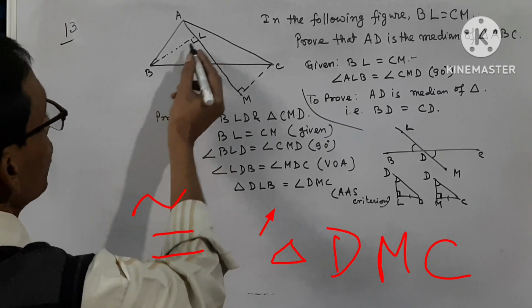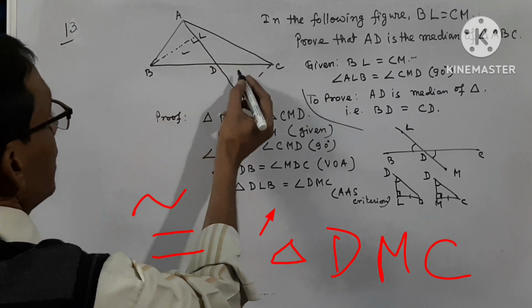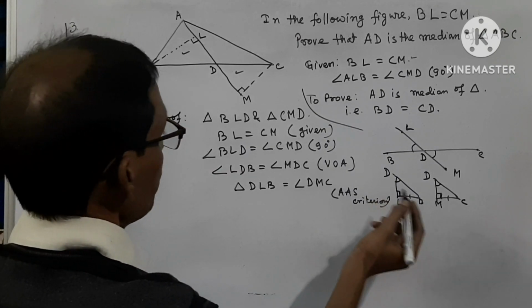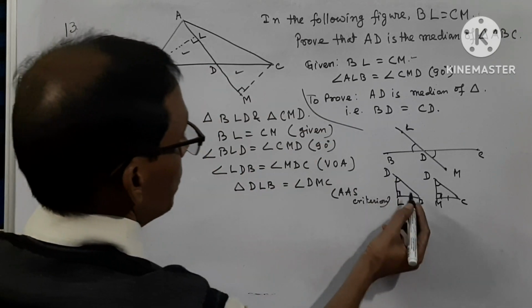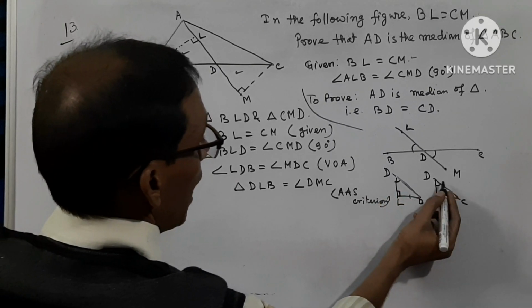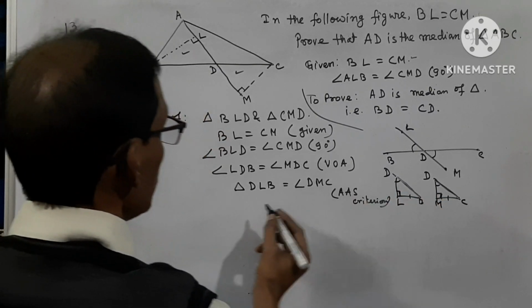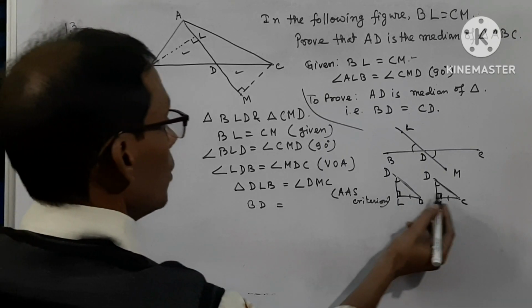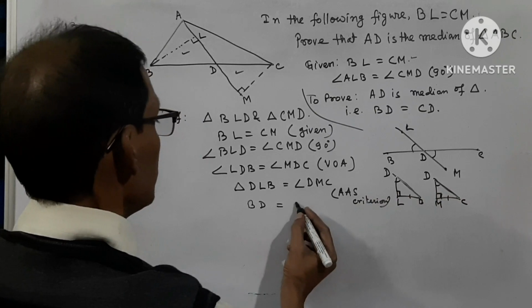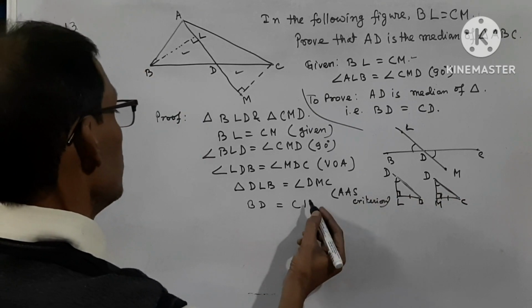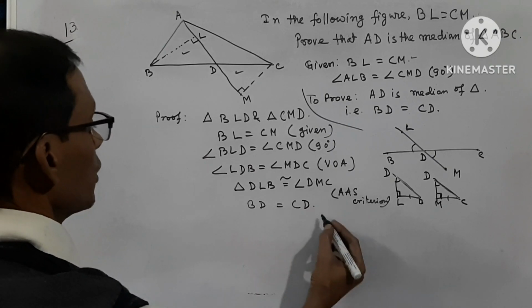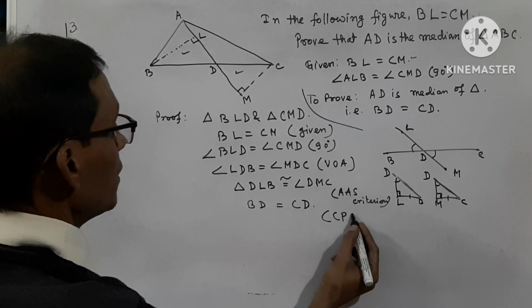Once you have proved this triangle and this triangle are congruent, then BD is here and CD is here. So BD equal to CD, by CPCT.